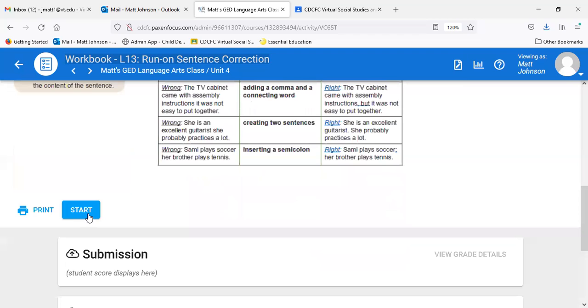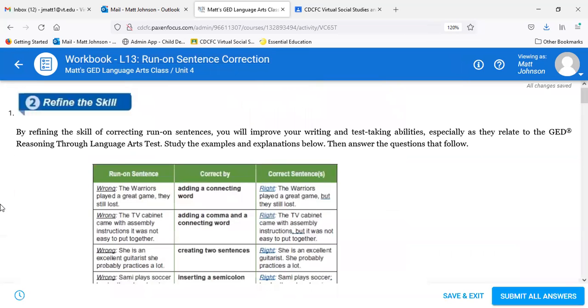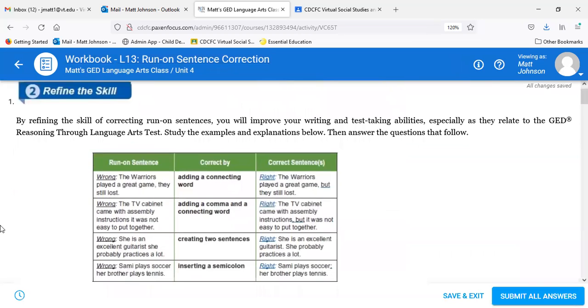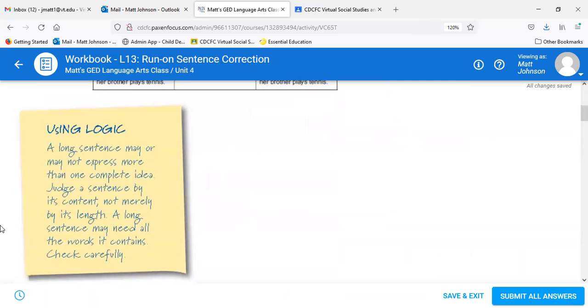All right. So let's start our workbook. And we have here, a long sentence may or may not express more than one complete idea, right? It can be a really short sentence that's a run-on sentence. It could be a long sentence that's a run-on sentence. Judge a sentence by its content, not merely by its length. Great rule of thumb.